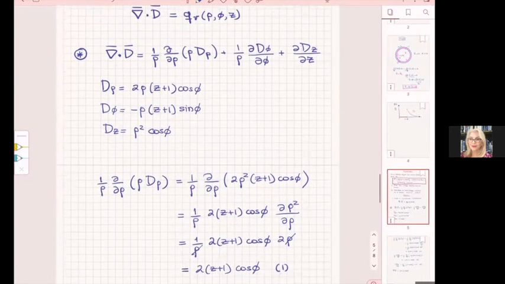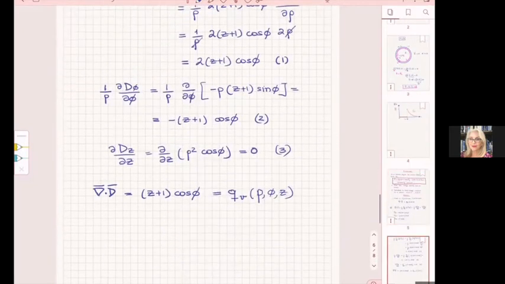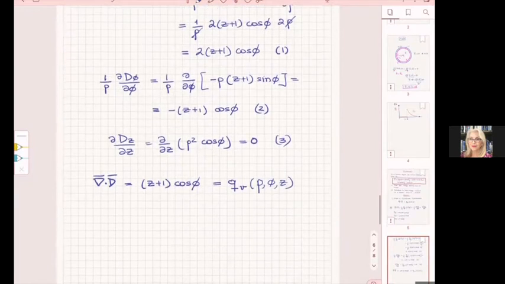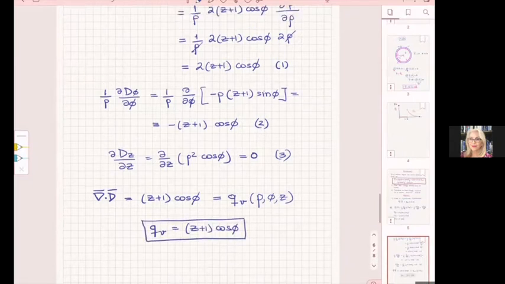That is your charge, which is Q sub V. And the charge is not a function of rho, it's only a function of phi and z. So practically we found that Q sub V equals (z plus 1) cosine phi.